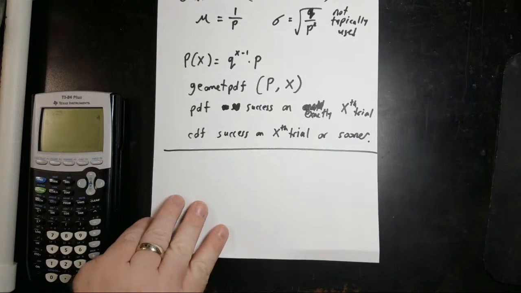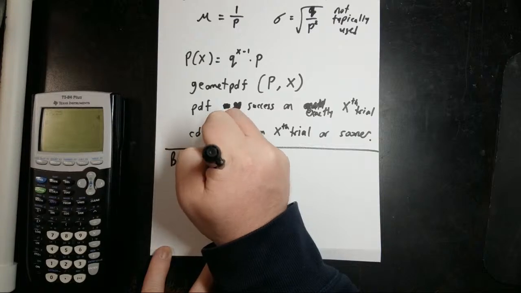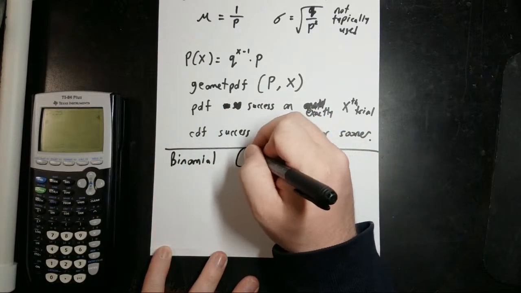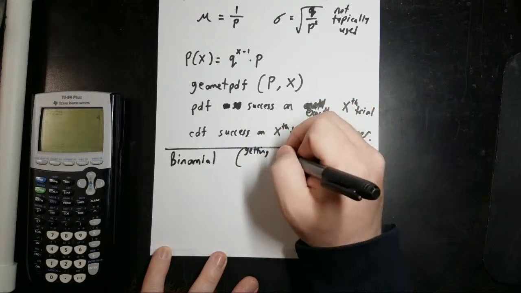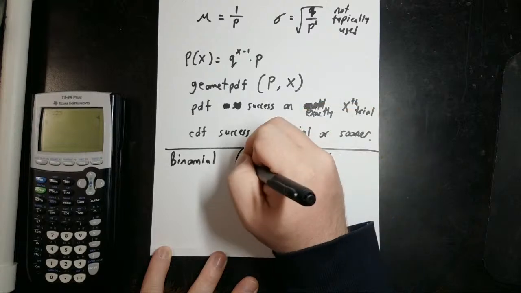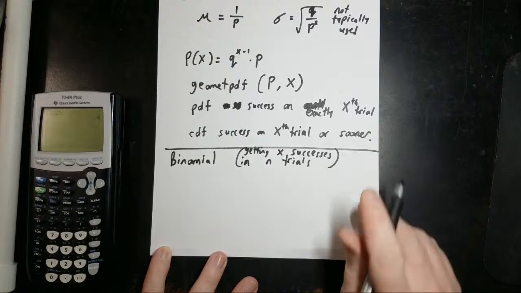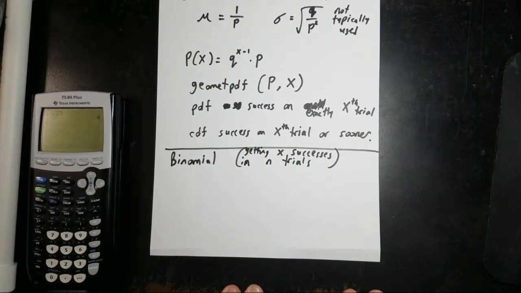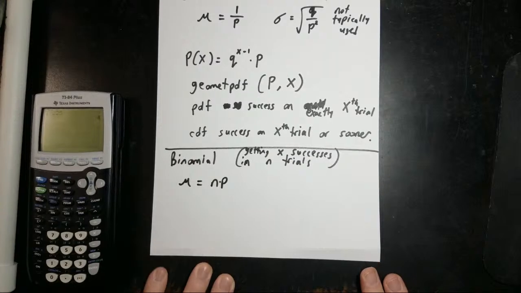Let's talk about a binomial. A binomial would be getting X successes in N trials. Typically there's a finite number of trials that you are dealing with in terms of binomial. N times P would give you the average.